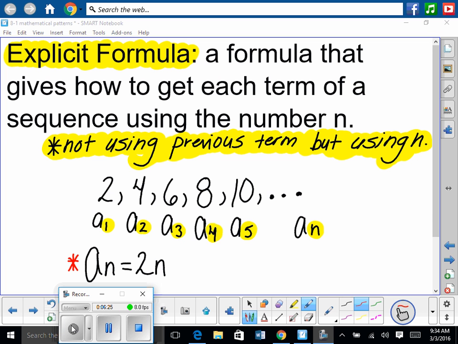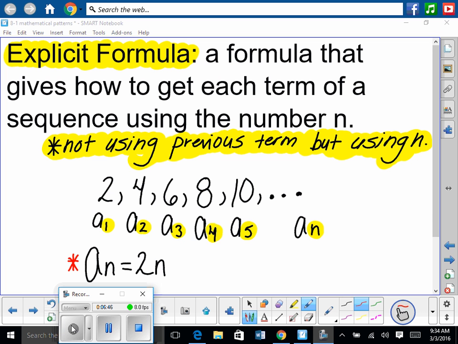You can't write an explicit formula using a previous term, but you have to write the formula using n instead. A lot of times people want to write a formula using the previous term, but with an explicit formula you can't do that. You have to use n, which means the number of the term you're on.